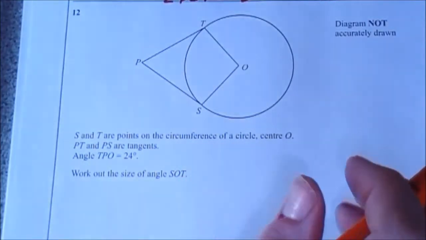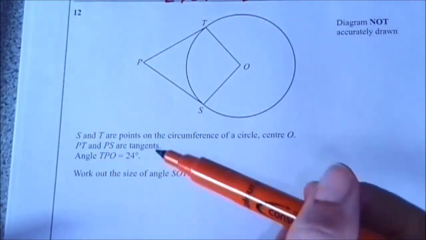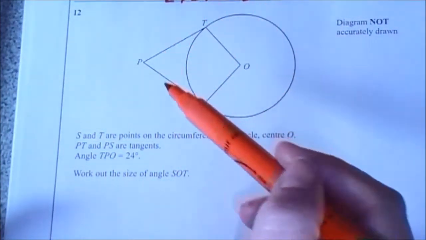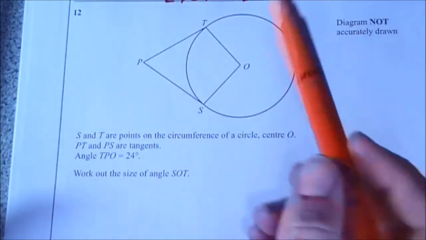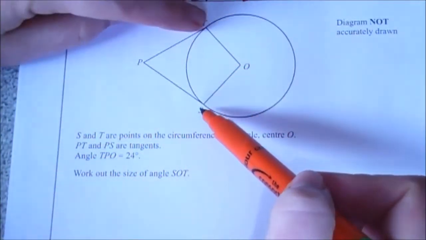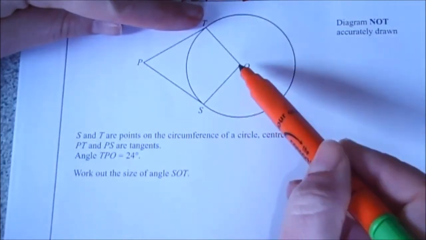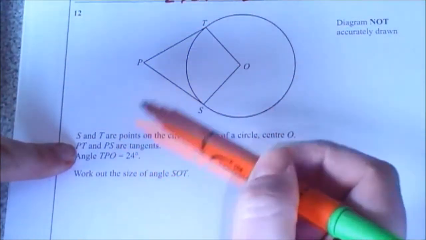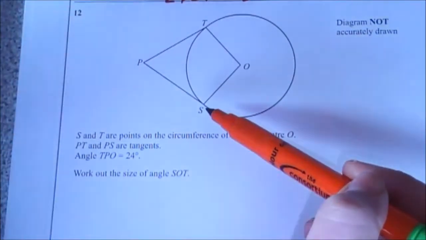Question 12 is a circle theorem question. And this is one of those that we have to be really careful of, that we don't just assume the examiner has put all the information on the diagram that we need. So it says here, S and T, there's S and T, are points on the circumference of a circle with a centre O. PT and PS are tangents.